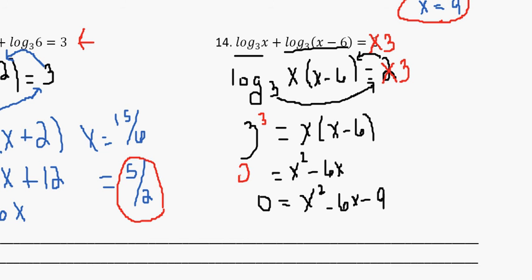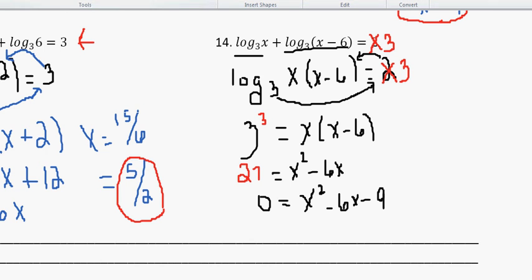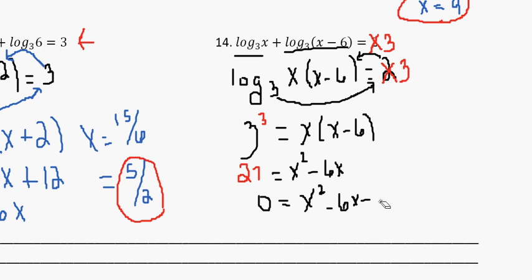See, I make the same mistakes in video that I do in class. And then I would have to subtract the 27 over to the other side to make this minus 27. Great. Now I can go ahead and factor it.